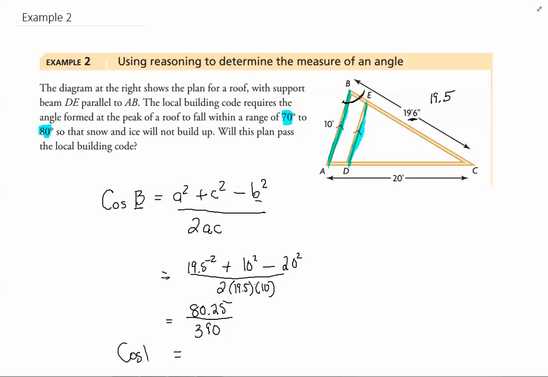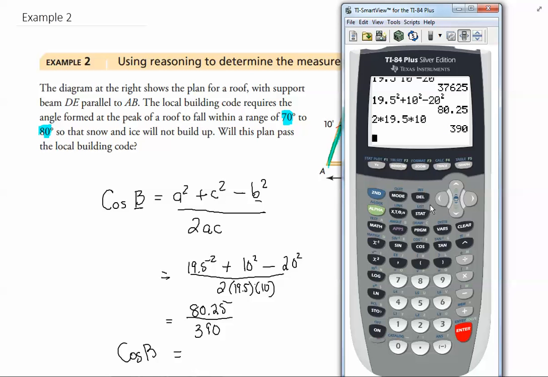Remember that this is the cosine of B equaling, and we're going to divide that out. So it's 80.25 divided by 390, and we get 0.2058. And I'll write that in.